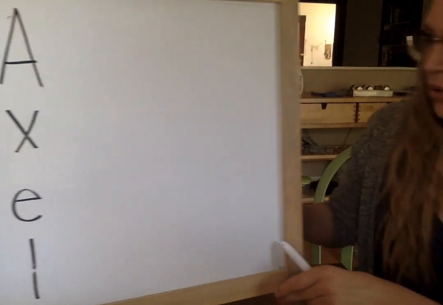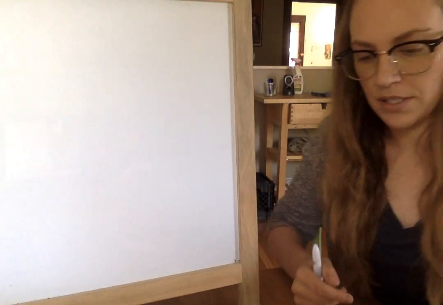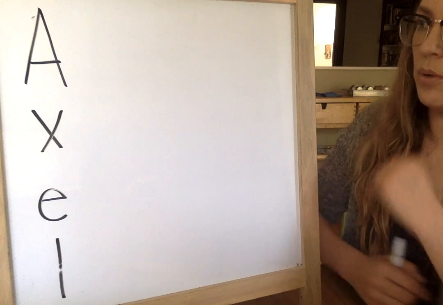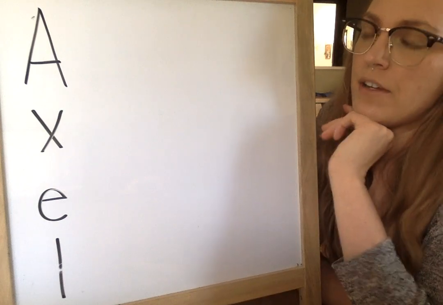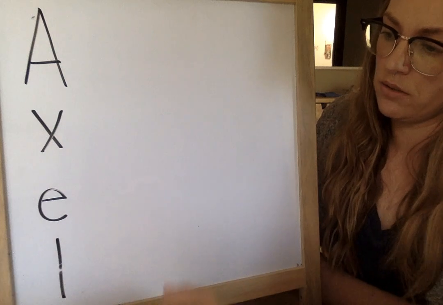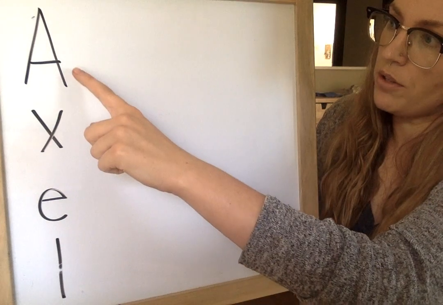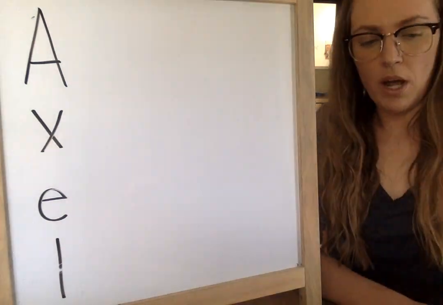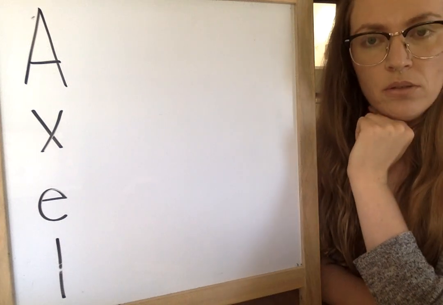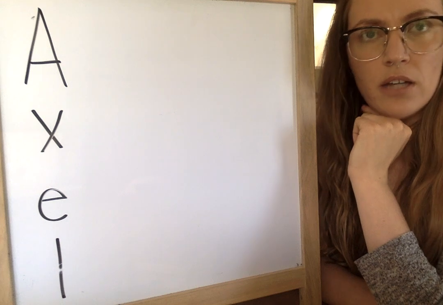So what we're going to do is, now this is just an example, so you don't need to write anything down. You just go ahead and do the example with me. I need to think of adjectives for each of these letters, okay? So let's start with the letter A. What is a way that we can describe Axel with the letter A?